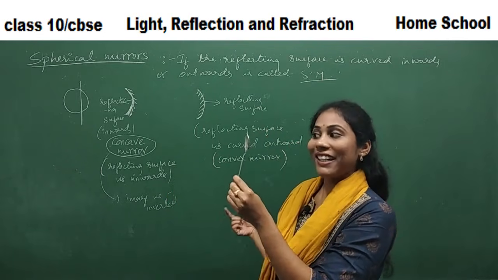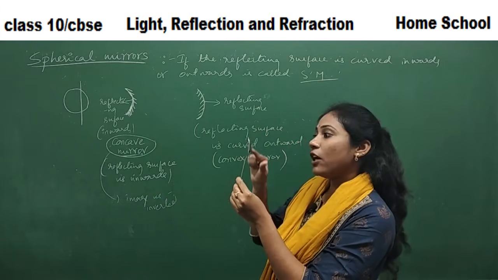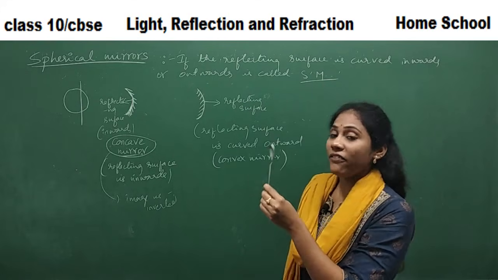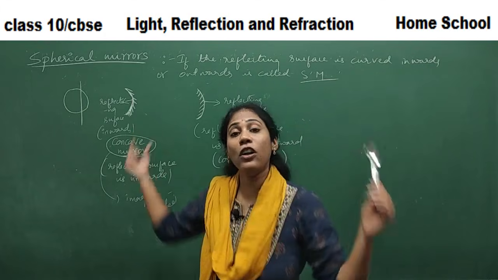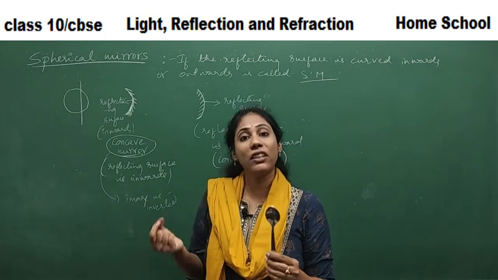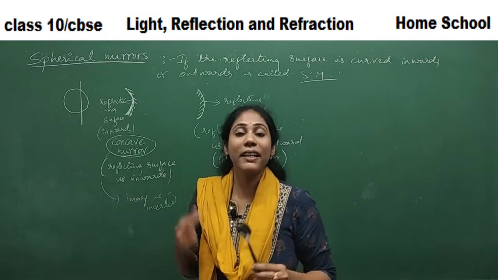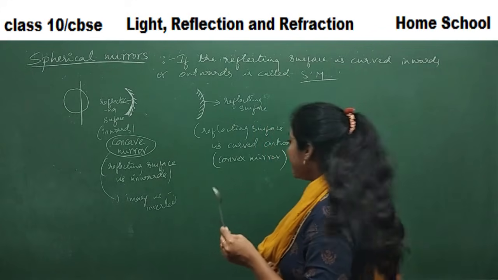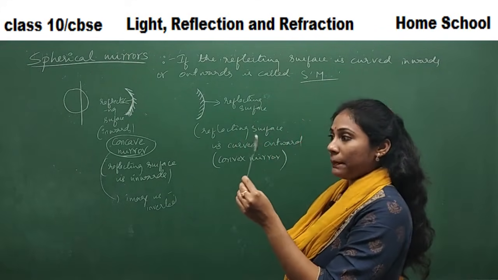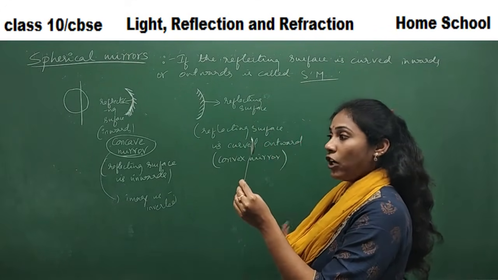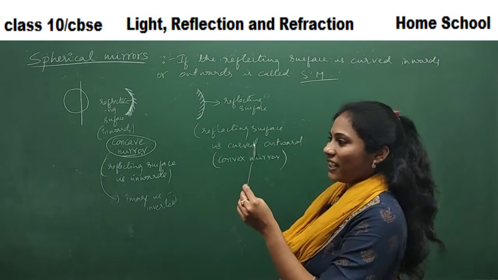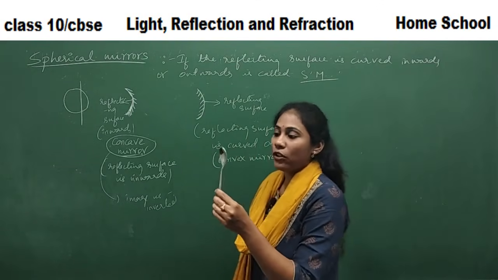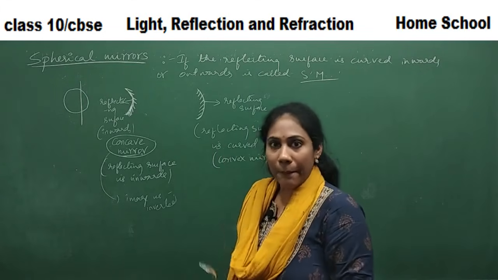Actually, convex mirrors are used in vehicles. The rear mirror is a convex mirror. A whole lot of traffic can be covered. Here the image is normal, and a whole lot of area can be covered. I look a little small, smaller than I am.